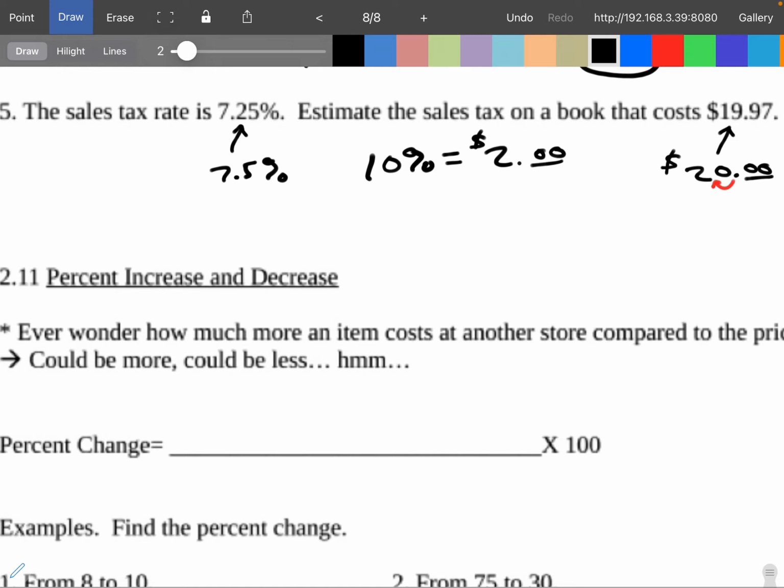So if you want 7.5%, that would just be 2.5% plus 2.5% plus 2.5%. So it's really 3/4 of 10%. So hopefully that makes sense. So all you got to do is take the $2 and just multiply it by 3/4. That would give you your 7.5%.